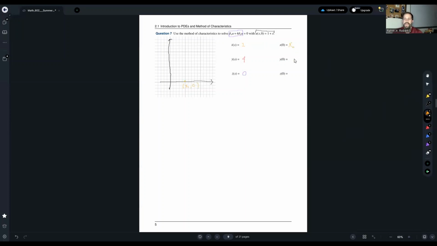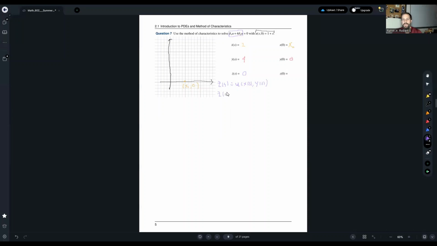This will be x naught, and then this will be 0. And z of 0, well, remember, let me rewrite it down here. z of s is equal to u of x of s, y of s.